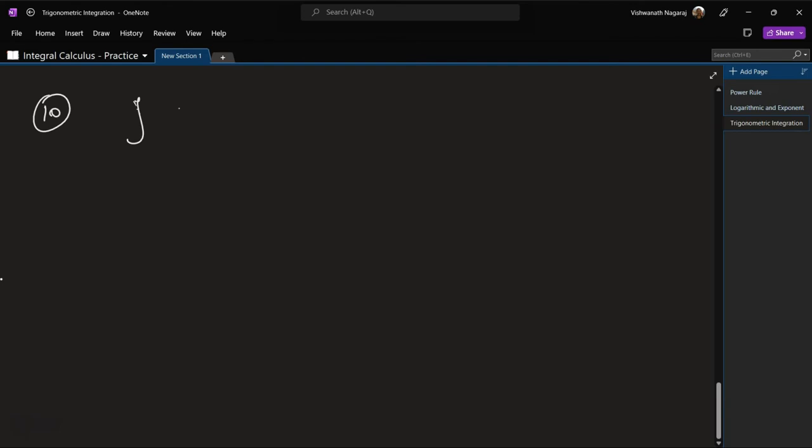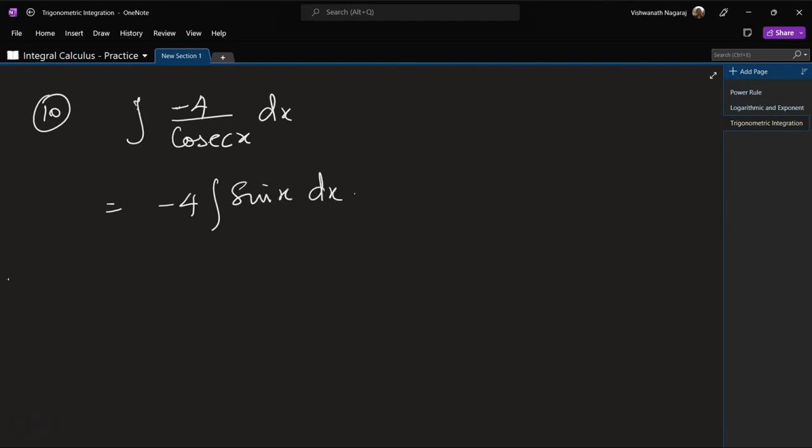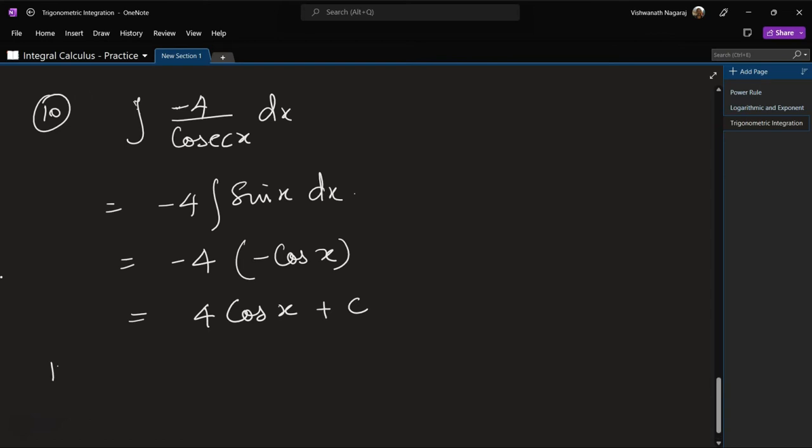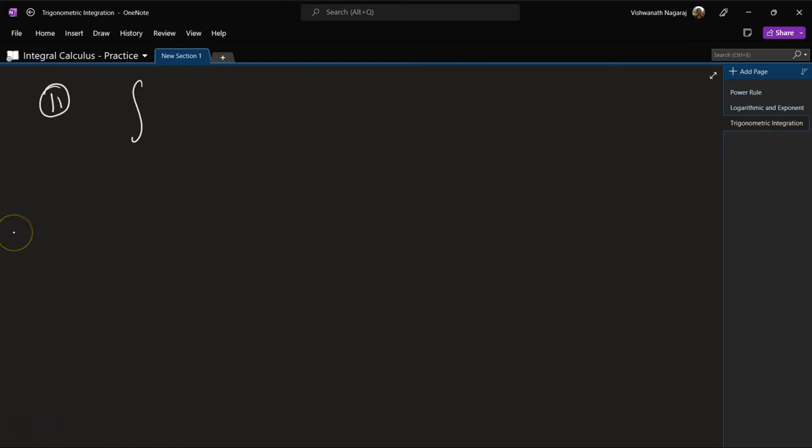Okay, integral of minus 4 by cosec x dx. So again minus 4, integral of 1 by cosec x is sin x dx, and sin x is the derivative of minus cos x. So that becomes 4 cos x plus c. Okay, 11th one, integration of 4 cos x by sine square x.